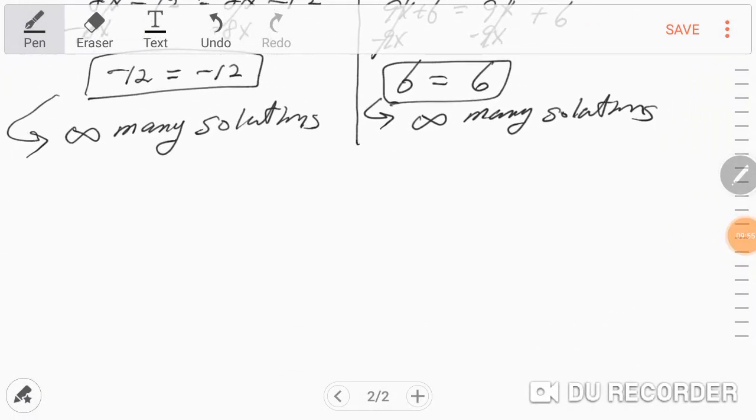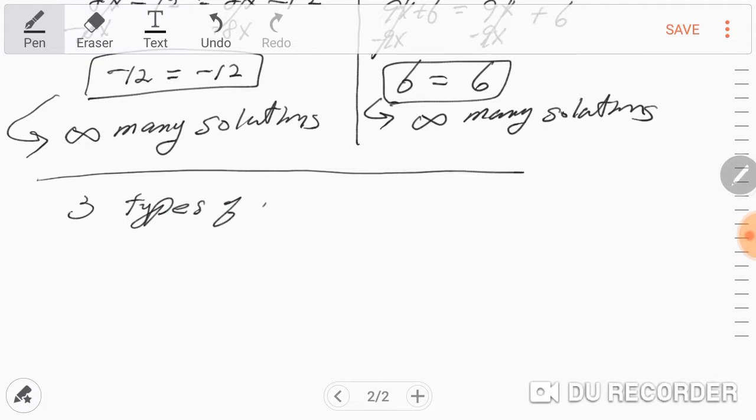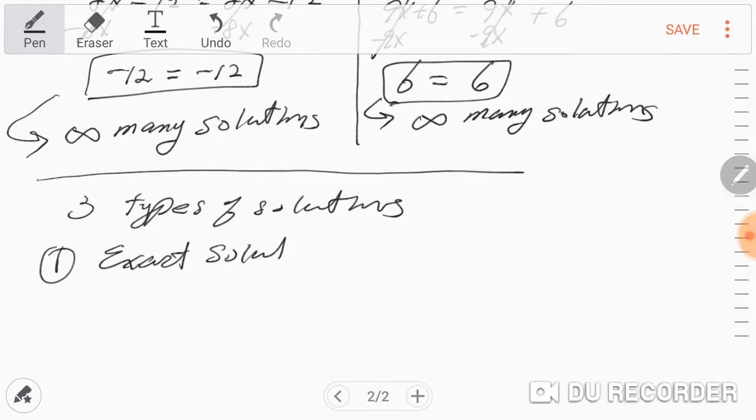Okay, so this section, 2.1, is about solving linear equations. So when you solve a linear equation, there are 3 types of solutions. Number 1, there's an exact solution.